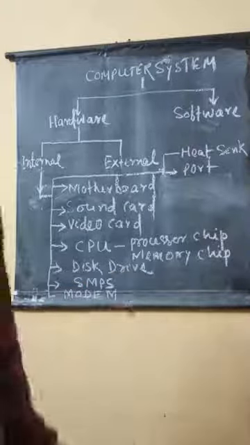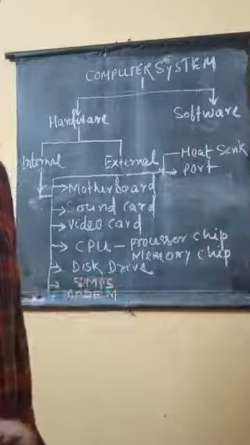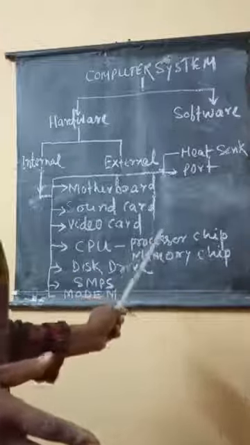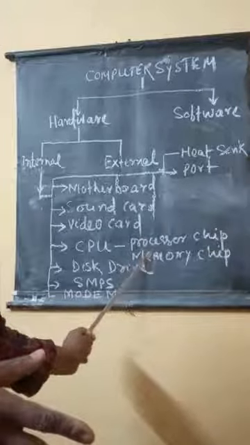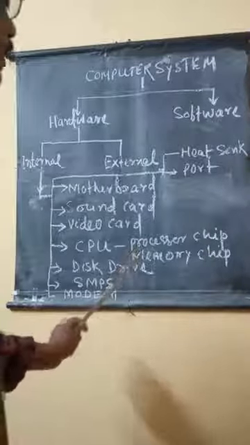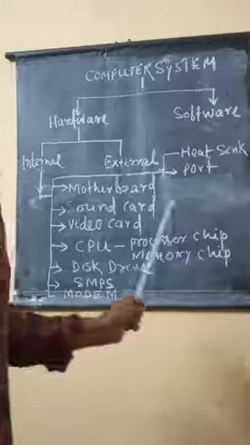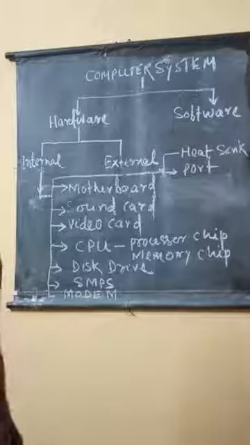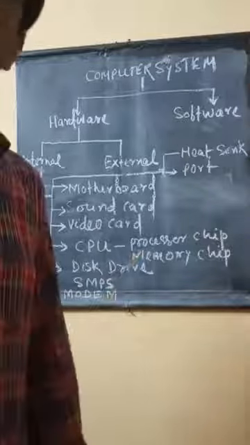These are the primary two elements. Everything else you can detach, but these two you cannot detach. This is a prime thing in the computer. Without this, the computer is nothing. It is just like a useless box.